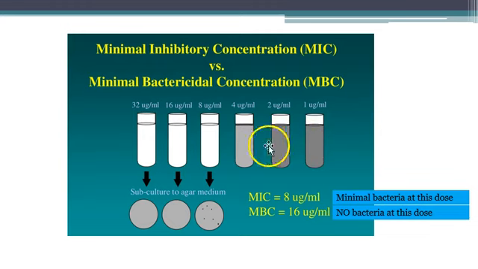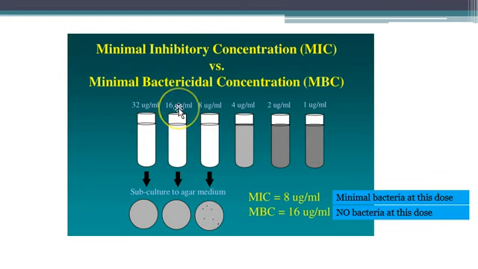You can see an attenuation or reduction of bacteria, judging by how dark these test tubes are. By 8 micrograms per ml, the solution is more or less clear, and you can only see bacteria when you subculture a couple drops of this solution onto agar.